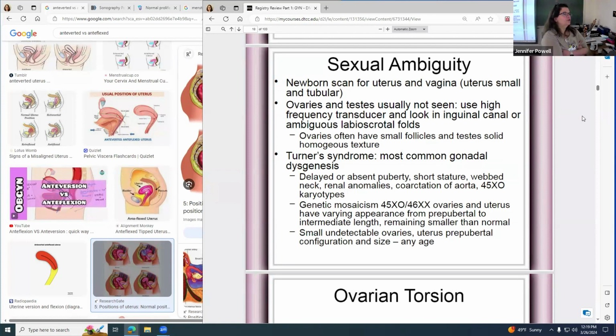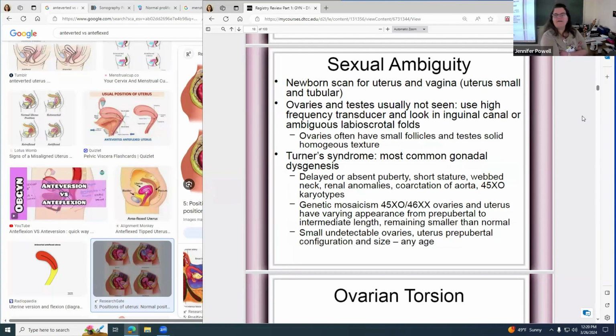If you guys remember Turner syndrome, this only happens to females, is the most common gonadal dysgenesis. And what happens is when the egg, the zygote forms, you usually have 46 chromosomes, but for the sex chromosome, you would have XX for a female or XY for a male.